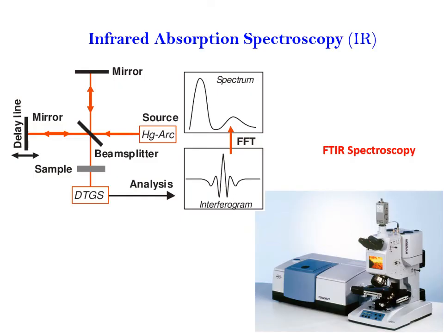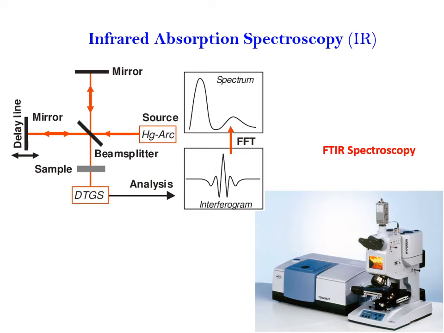So FTIR stands for Fourier transform infrared, and it is the most common form of infrared spectroscopy. All infrared spectroscopies act on the principle that when infrared radiation passes through a sample, some of the radiation is absorbed. The radiation that passes through the sample will be recorded.